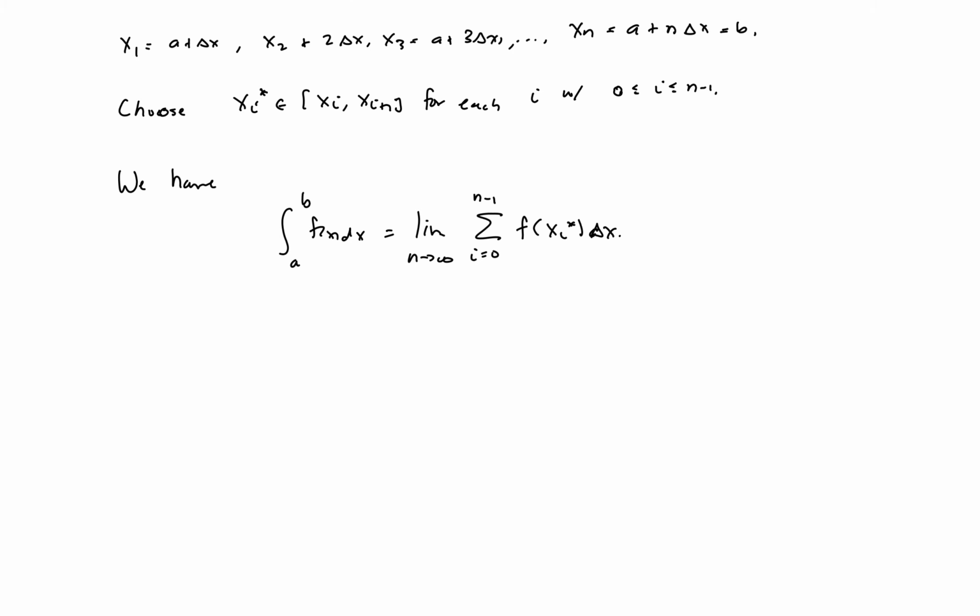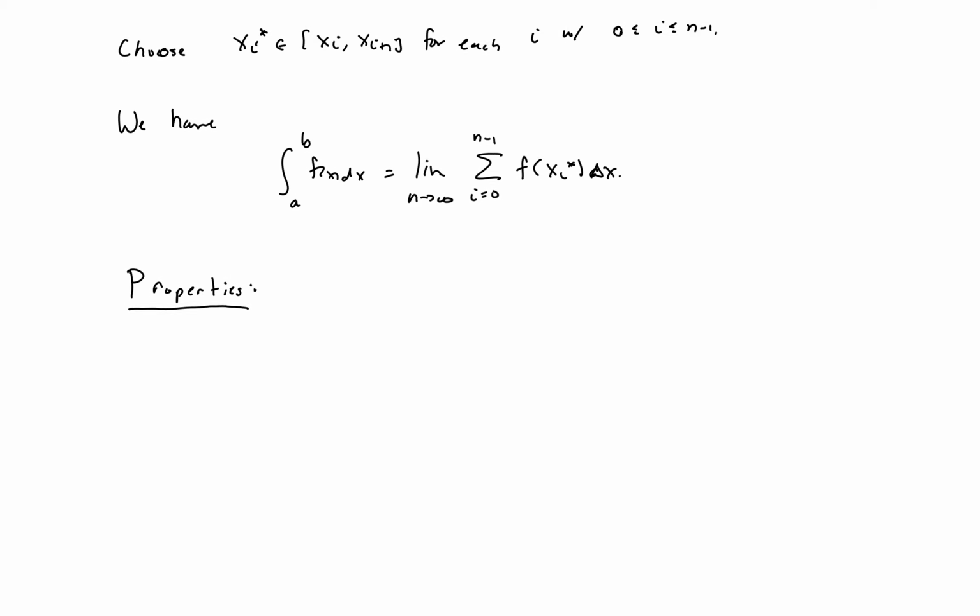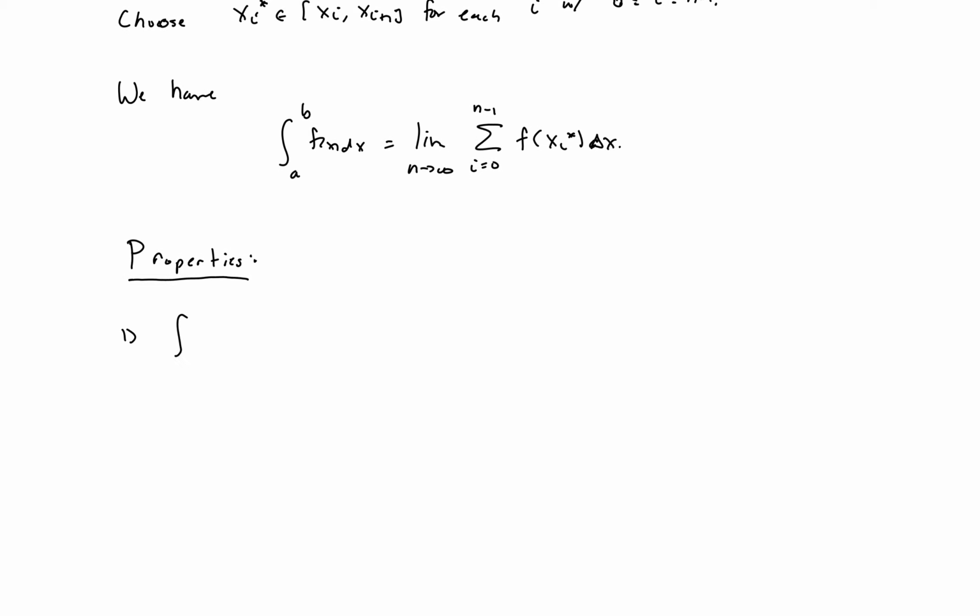Okay, and some properties of this that were given and explained in the flipped class video are the following. If I take the definite integral of a constant times a function, I can pull that constant out front of the integral.